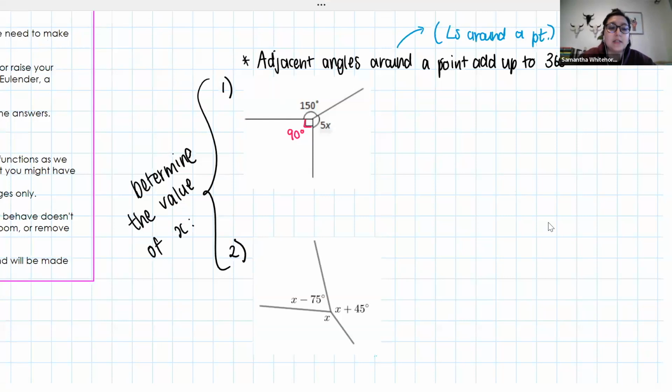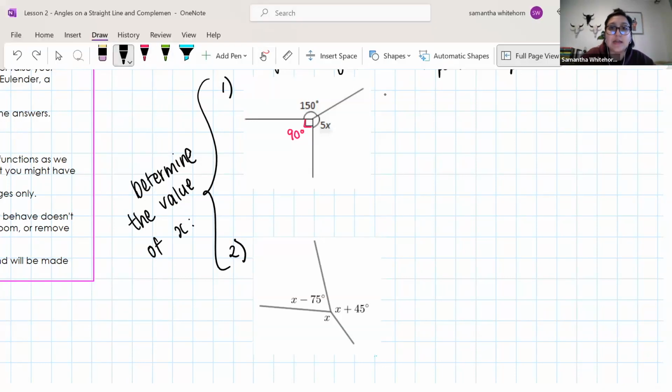And remember, grade 8s, if you want to check whether or not you've done it correctly, substitute it back into your original statement or into the picture and make sure that it agrees with the reason you've used. If you've used angles around a point, make sure that you do get 360 degrees.